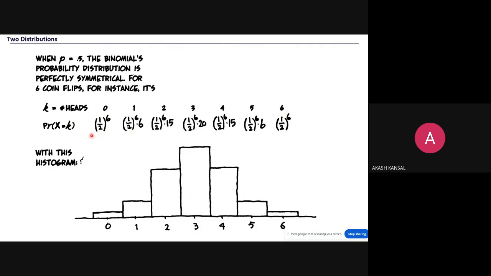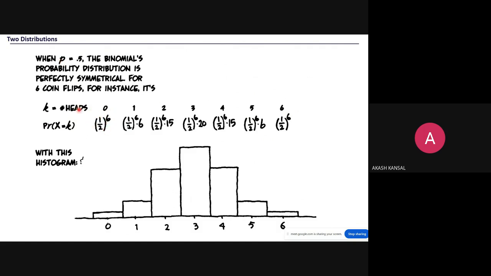Okay. Now the probability of getting 0 heads, basically 0 heads meaning in all the 6 coin flips you have no head, right? So for the probability, you can go back to the formula or you can deduce it by reasoning also. I would suggest you go back to the formula because that is what you should ideally do. So NCK into P to the power K. So K here is 0.